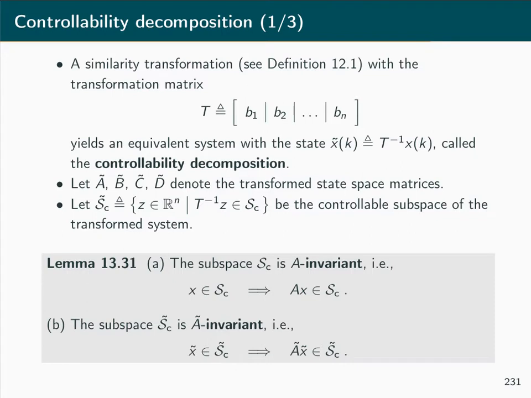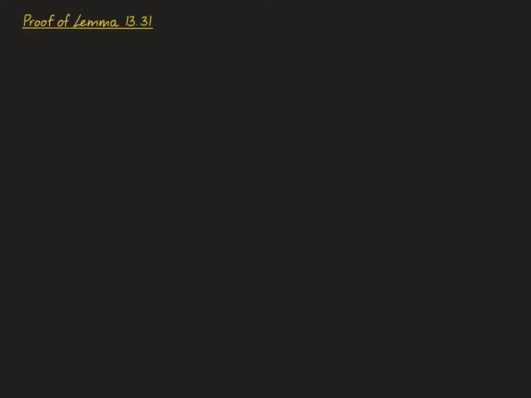And B, the controllable subspace SC tilde is A tilde invariant, meaning that for any x tilde in SC tilde, we have that A tilde x tilde is also in SC tilde. For the proof of Lemma 13.31, part A will be on exercise sheet 14, and for part B, we use the formula for SC tilde that we have derived earlier.